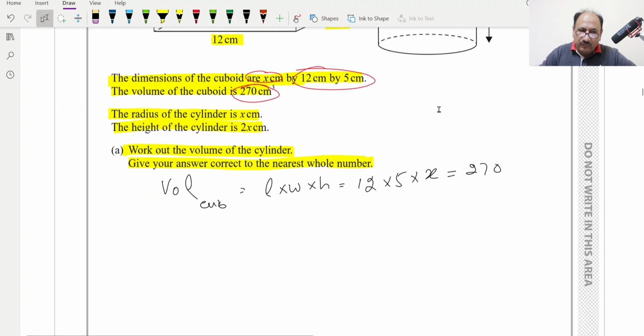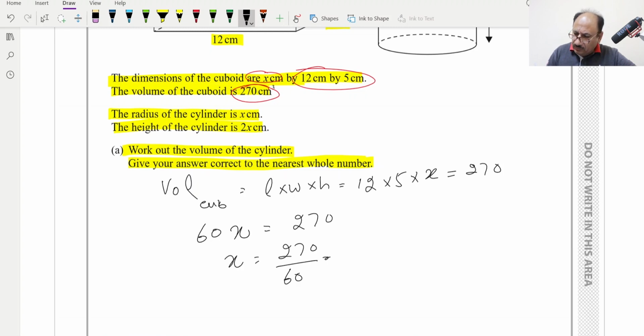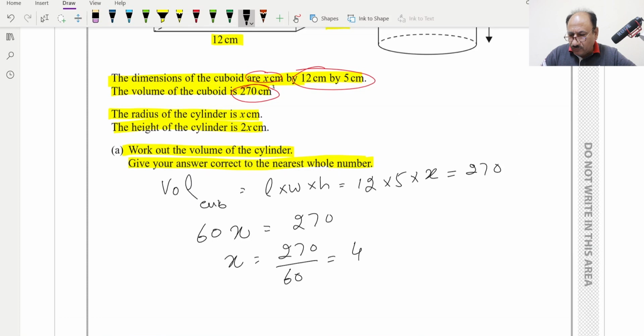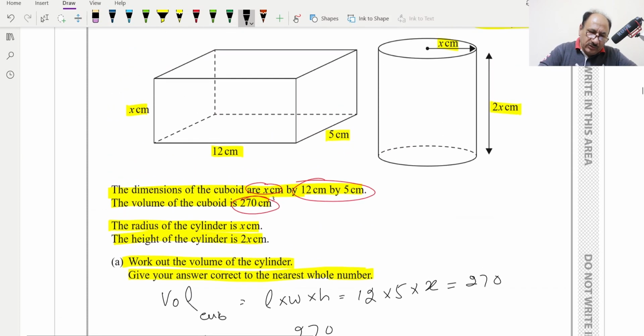Our equation will be 12 5s are 60, so 60x is equal to 270, so x is equal to 270 over 60, and this we can calculate with the help of the calculator. So 270 divided by 60 will be equal to 4.5 centimeters. So 4.5 centimeters, this is our x value. So we got this side as 4.5 centimeters.